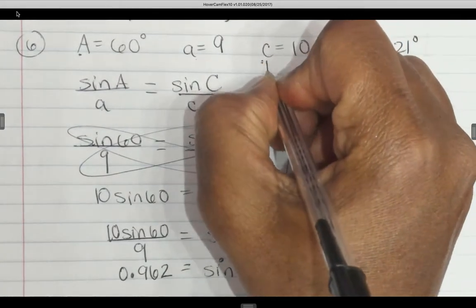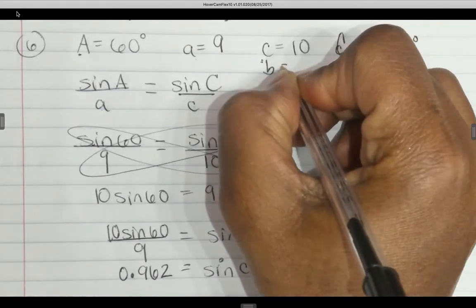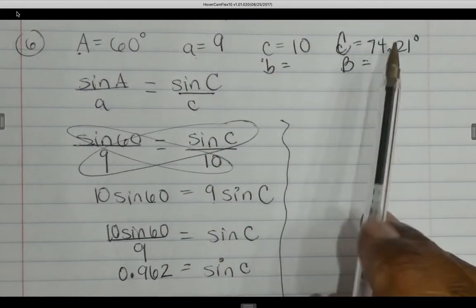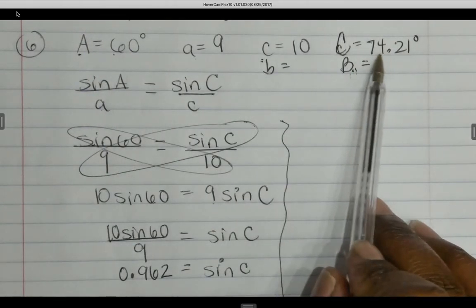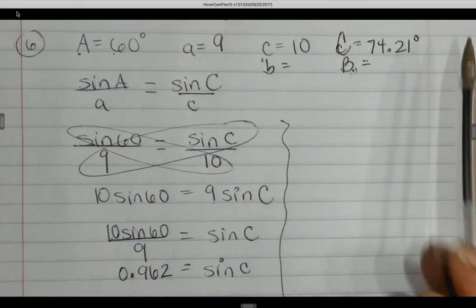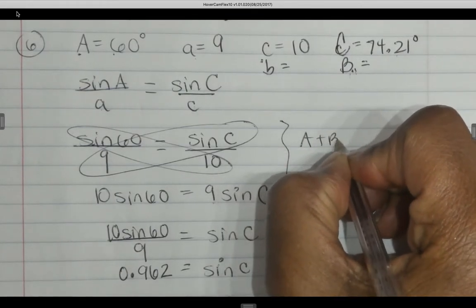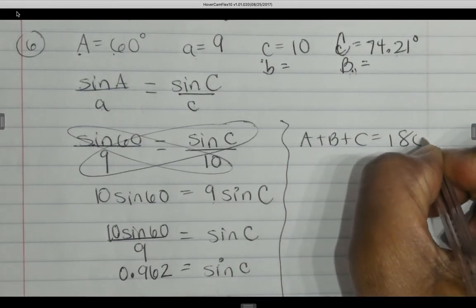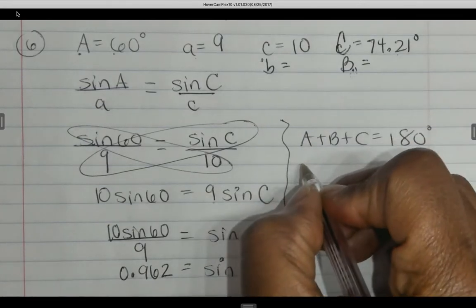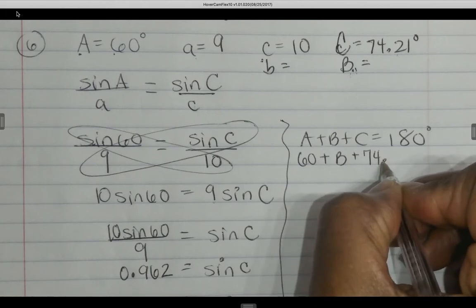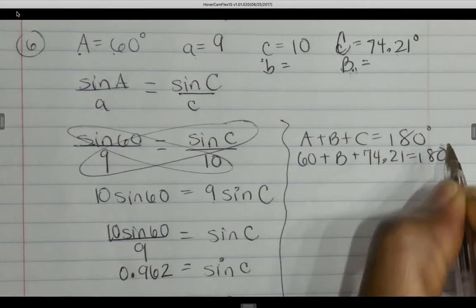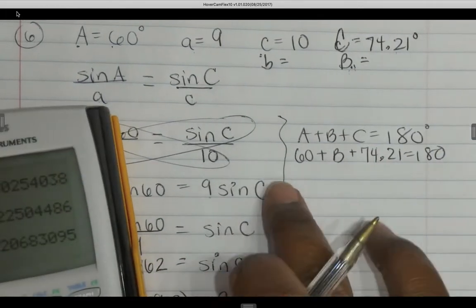And now for side B and angle B. I'm going to use the law of sines, but I can figure out angle B right now, right? 60 degrees plus the 74.21 plus angle B should all add up to 180 degrees. So A plus B plus C is supposed to equal 180, all three angles. So if I put 60 plus, I don't know B, but 74.21 equals 180, then I can do a little bit of addition and subtraction.